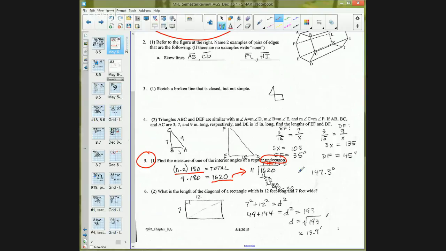And I said, "Well, I really can't, because that was part of what you were supposed to learn, and they really couldn't do the problem then." Although I will tell you this, if the person had written (n-2) in parentheses times 180 down, I might have given a fractional point, because at least they did something.